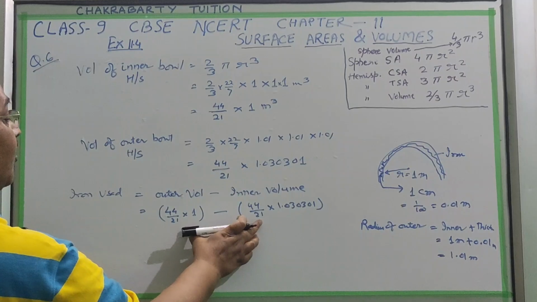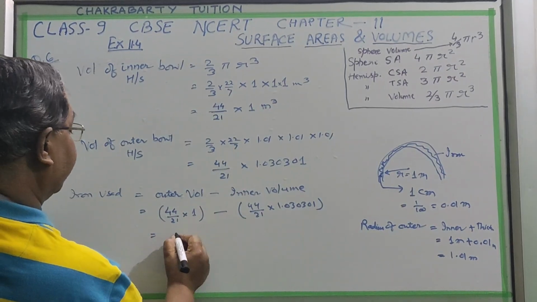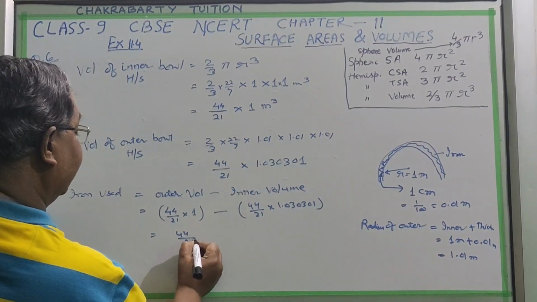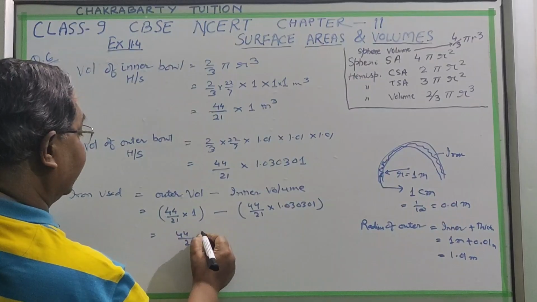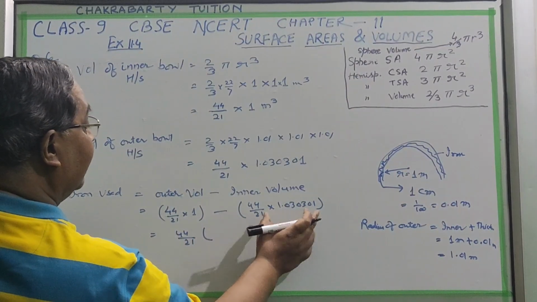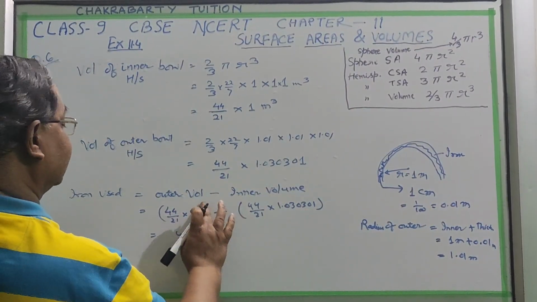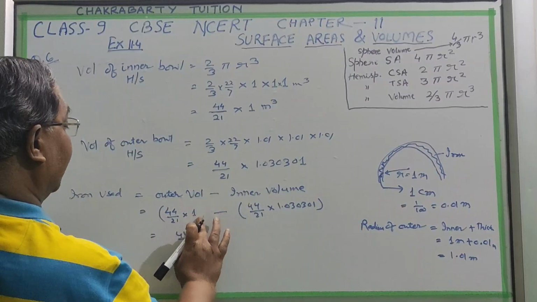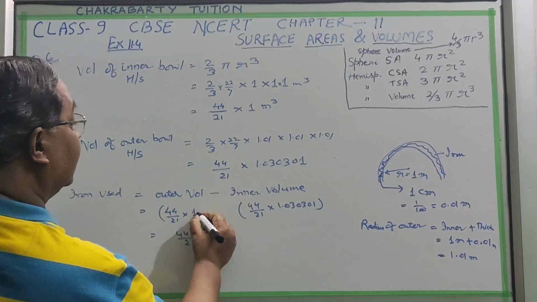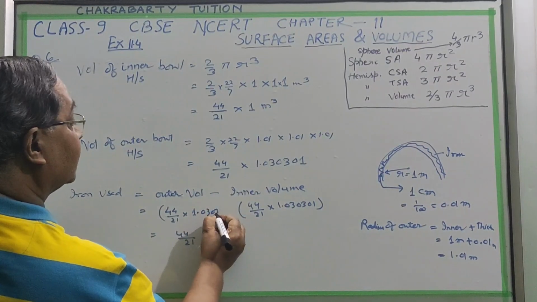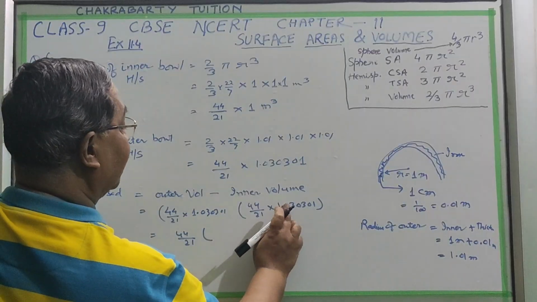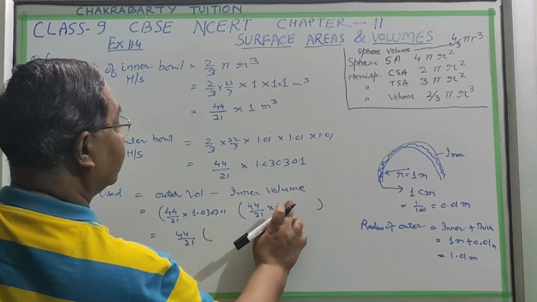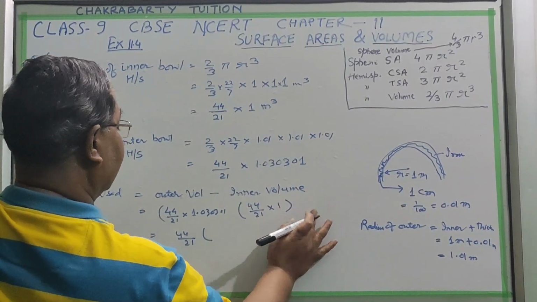If we take the common 44 by 21 out, what will remain? Outer volume I had put wrong. Outer is 1.030301, and inner volume is 1.